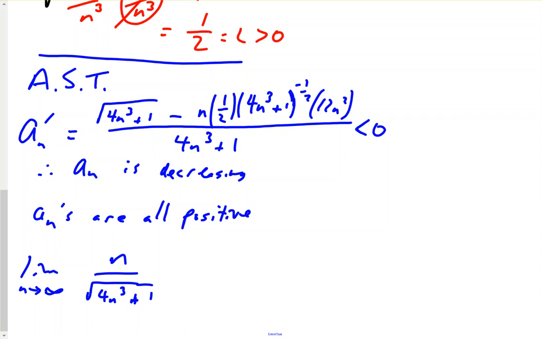Okay, so here, when we take the limit, what I could do to simplify this a little bit is divide by n, and when I divide by n here, it's like dividing by n squared, because I'm going inside the radical. So this top part gives me 1. The bottom part gives me 4n. Well, this goes to 0.